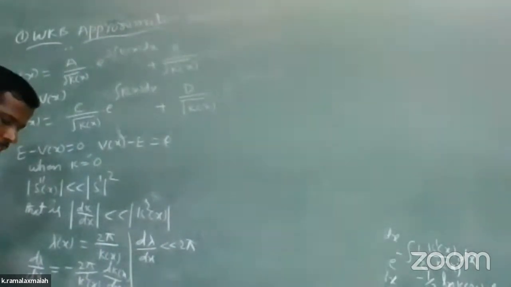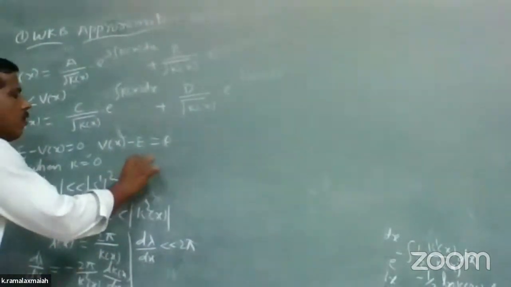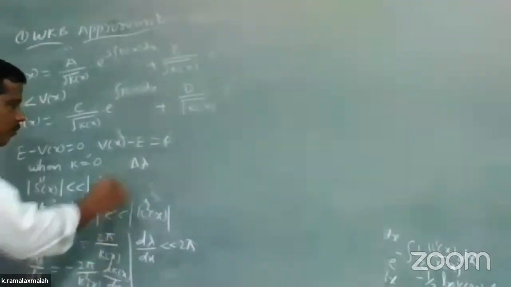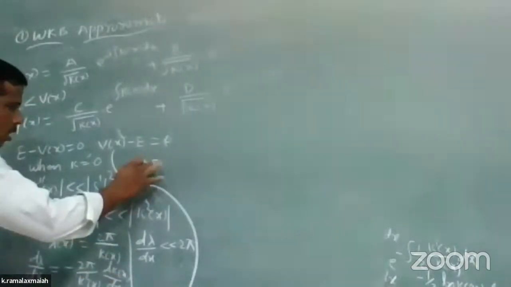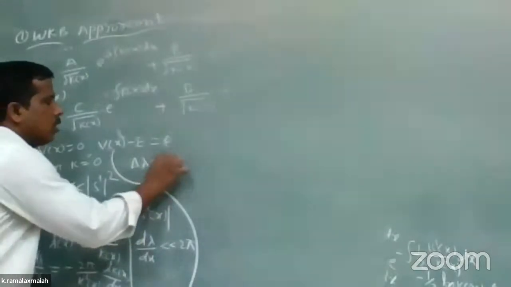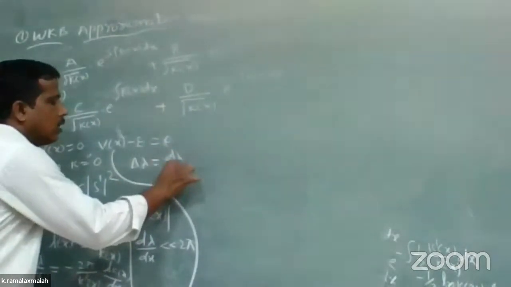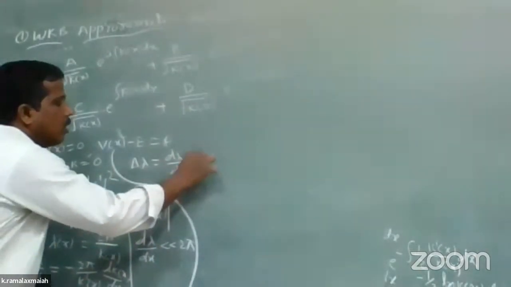The small change of the wavelength over some small interval of x, delta x, may be expressed as delta lambda is equal to d lambda by dx into delta x.